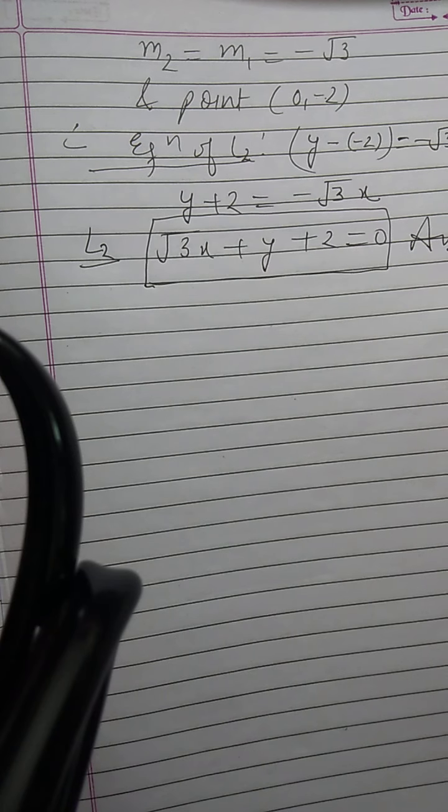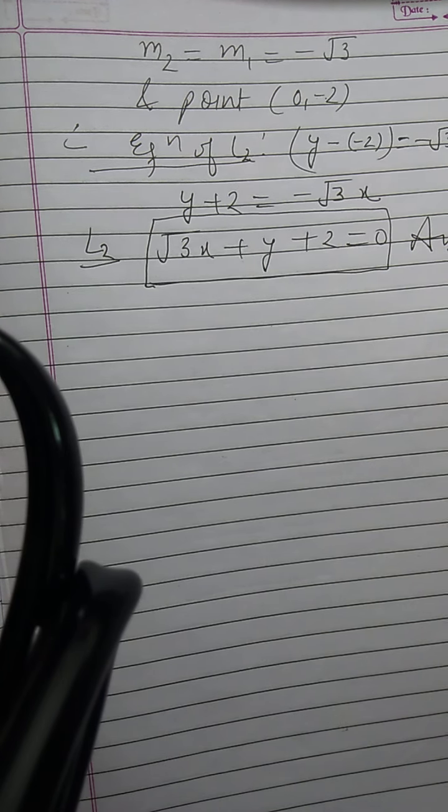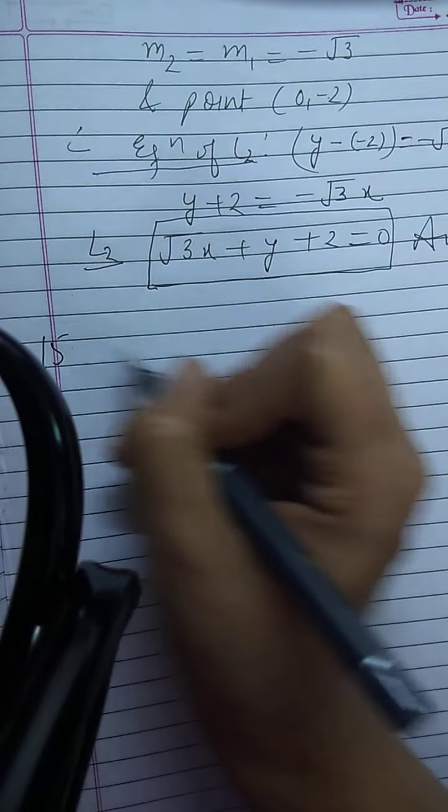Now the next sum, number 15. The perpendicular from the origin to a line meets it at the point (-2, 9). Find the equation of the line. So sum number 15 is given like this.